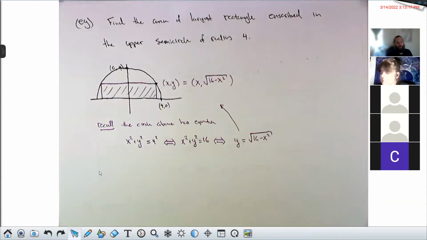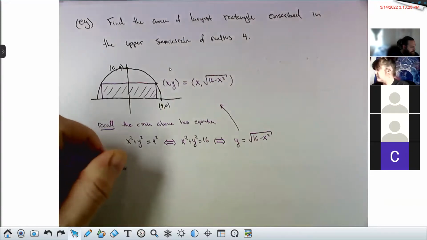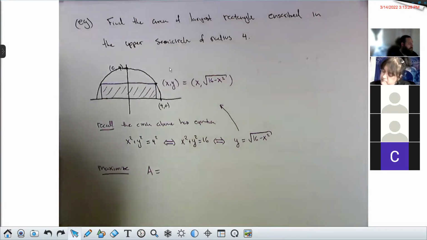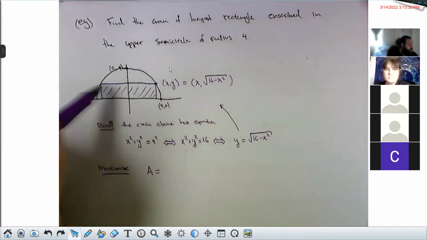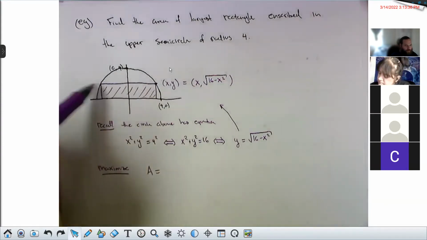So this is kind of like our constraint. And the thing we're trying to maximize is the area of this rectangle. Now this height here is just y. This width here is 2x.